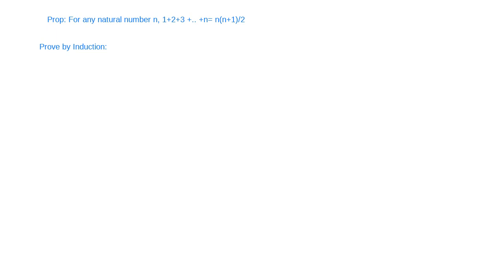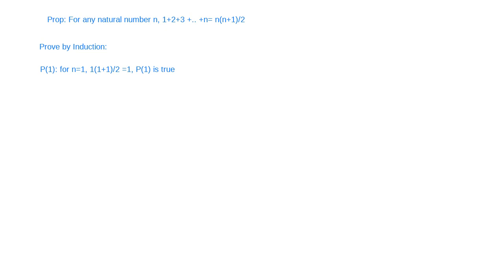So this is saying P of 1 is true. And we prove the base case. The base case is n equals 1, because we're dealing with natural numbers and the smallest natural number is 1.